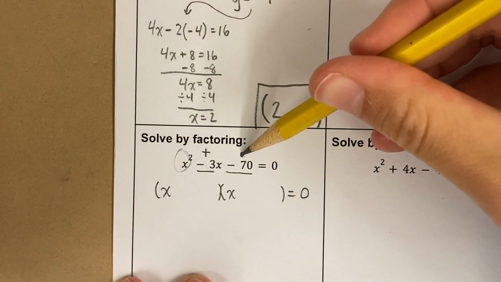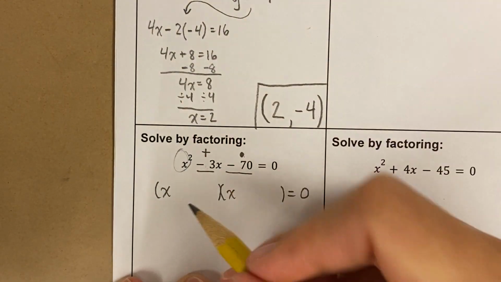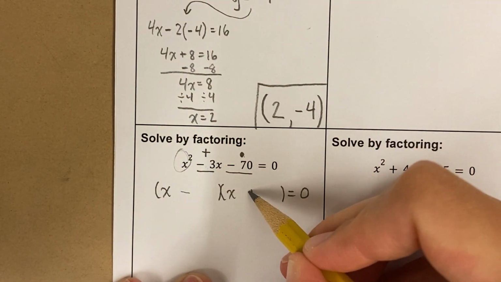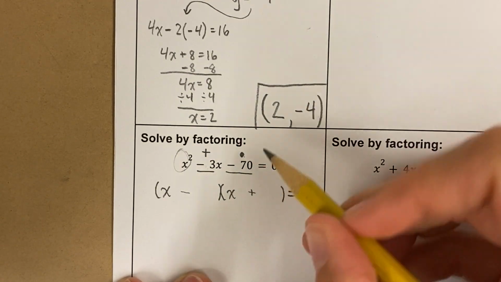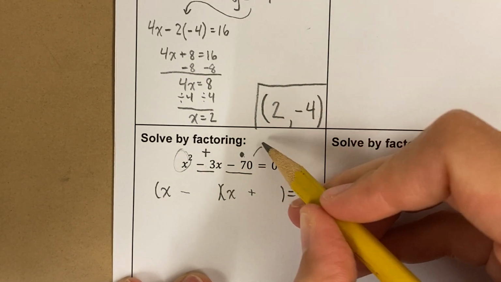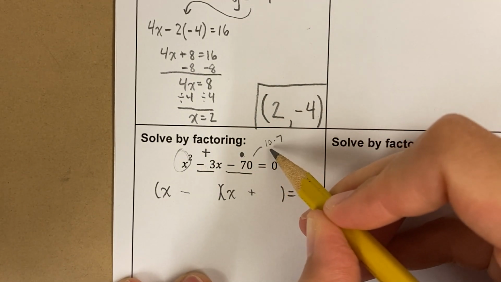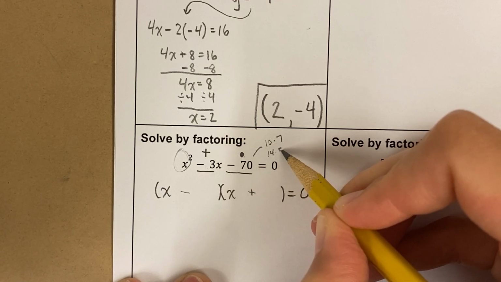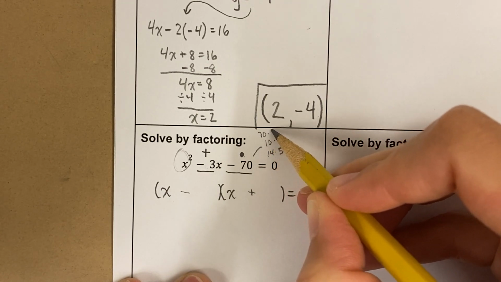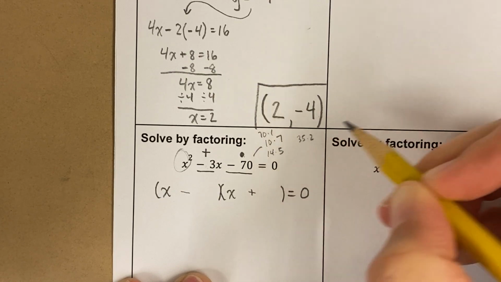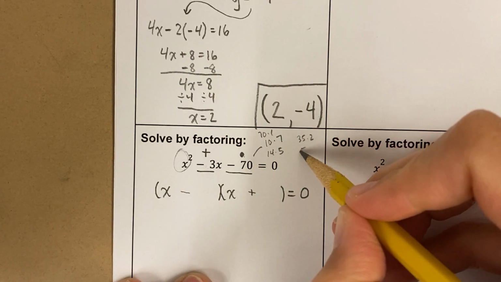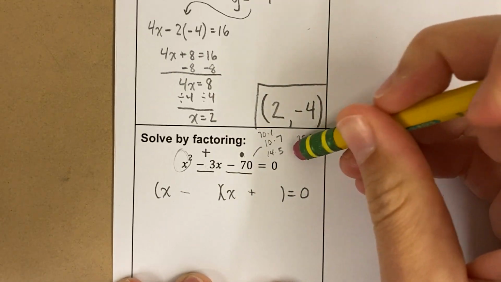So when I'm multiplying to a negative number, I know one of my numbers is going to be negative, one of them is going to be positive. My numbers that multiply to 70, the one that comes to mind right away is 10 times 7, right? But there's other possibilities. There's 14 times 5 and 70 times 1 and 35 times 2 and 5 times, oh, I already got 5 times 14, right?